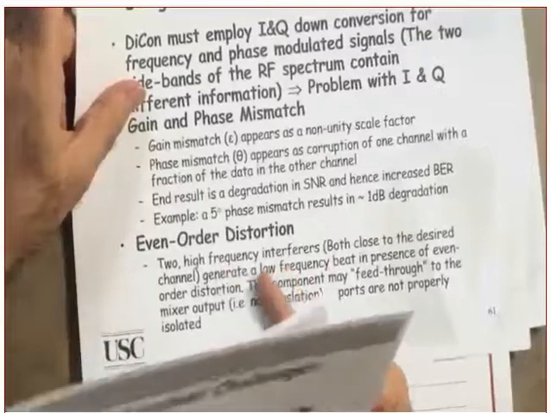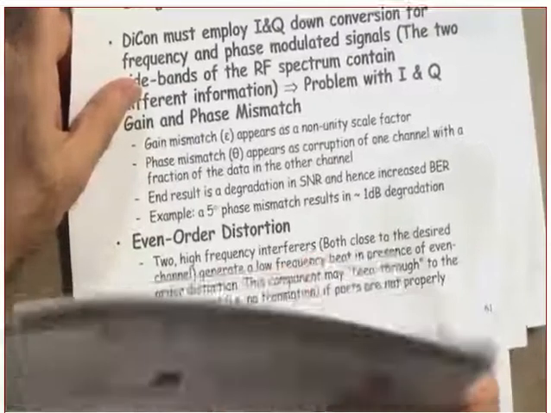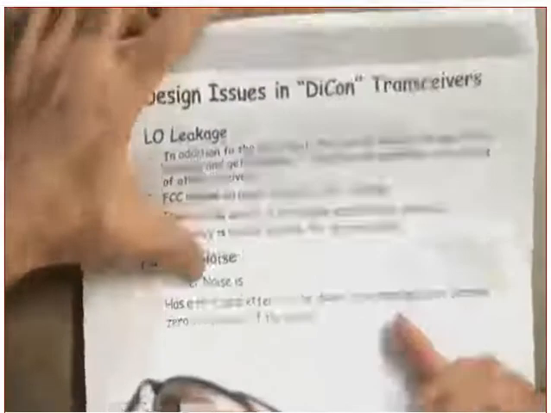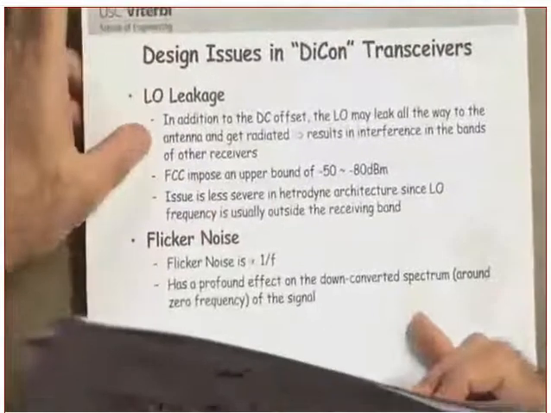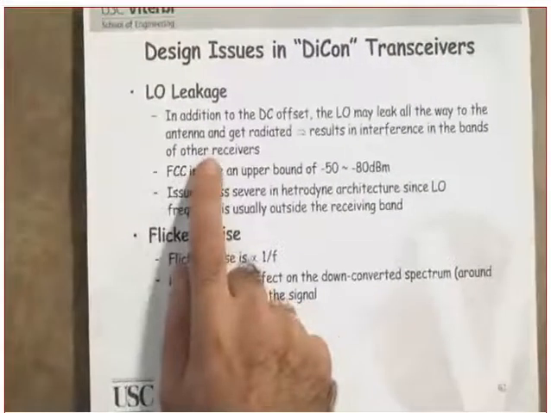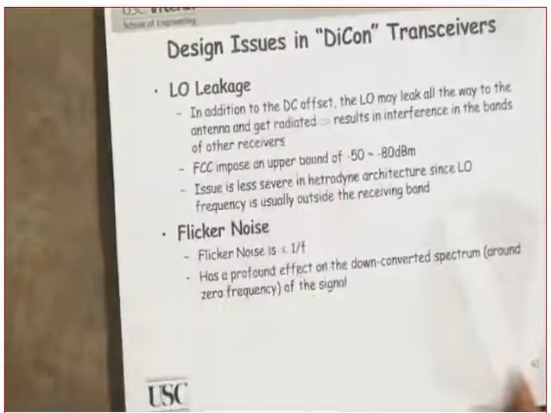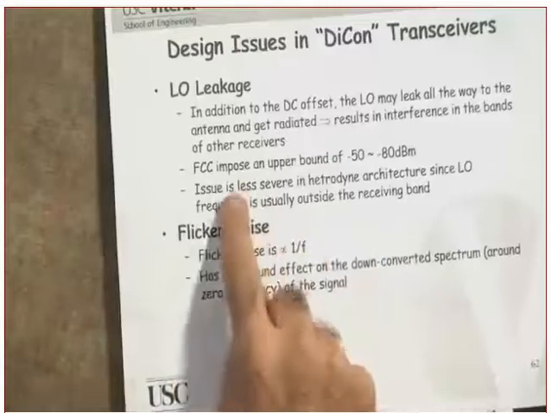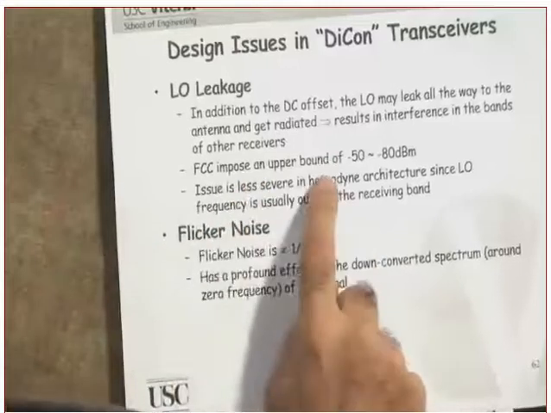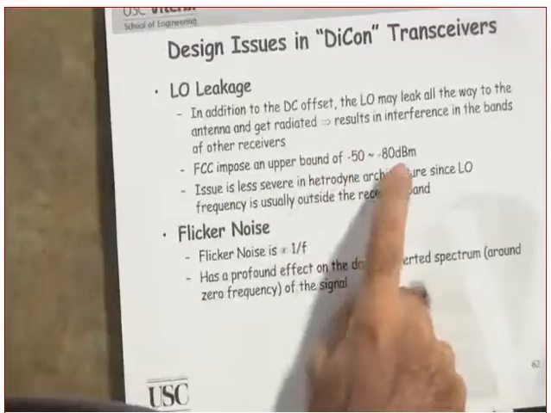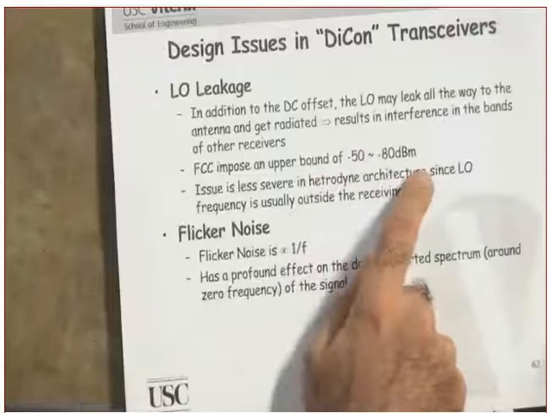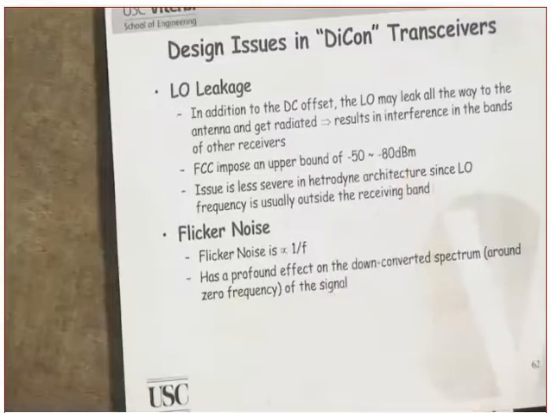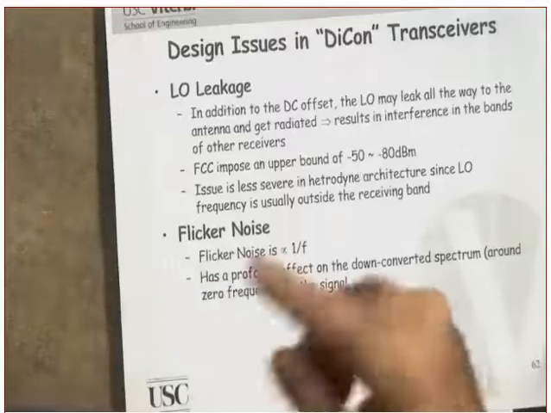Okay. This one here, we will talk about in detail in a minute, the nonlinearity, which is the even order distortion. Clear? The flicker noise I already talked about. The leakage. What is the LO leakage? We are not talking about the DC. We are talking about the spurious emission. The FCC imposes an upper bound of minus 50 to minus 80 dBm. That's the spurious emission, from your local oscillator to the antenna.